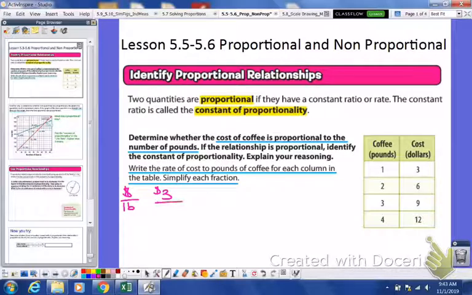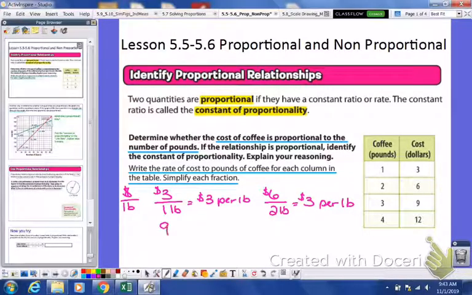$3 for 1 pound, which would give us a rate of $3 per pound. And then we're going to do this with each of the others. So $6 for 2 pounds, which reduces to 6 divided by 2 is $3 per pound.